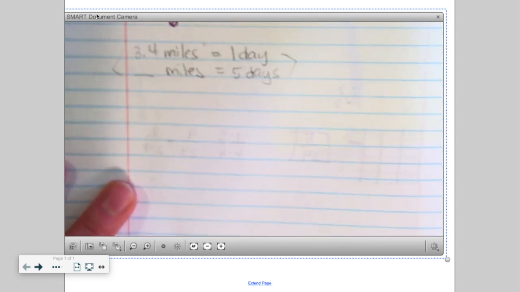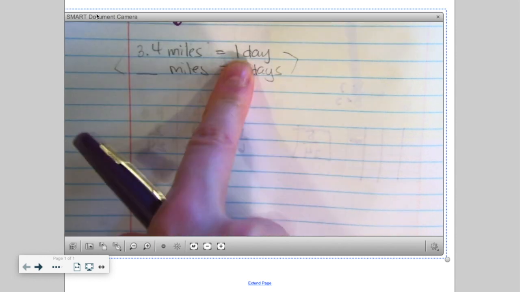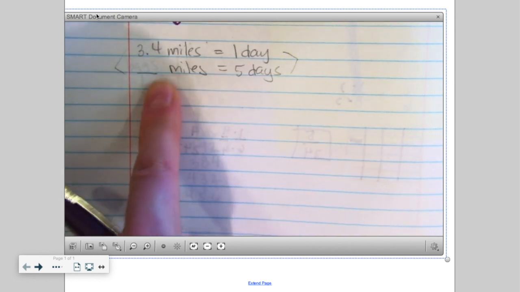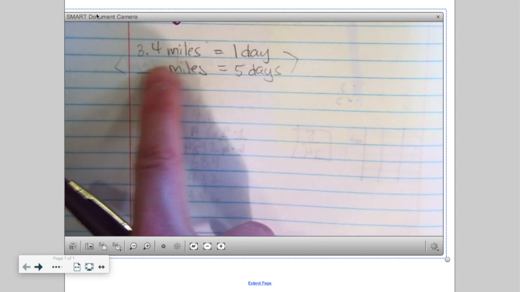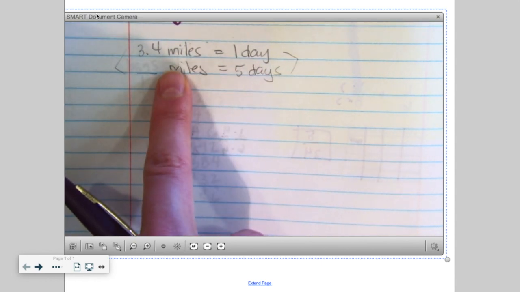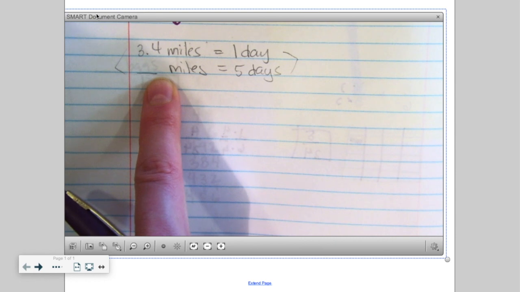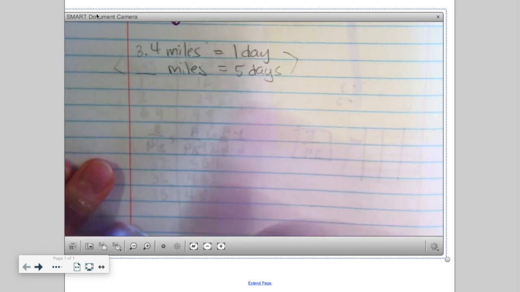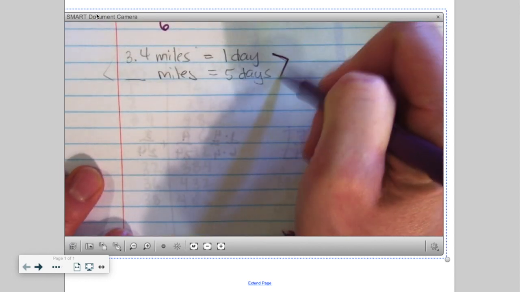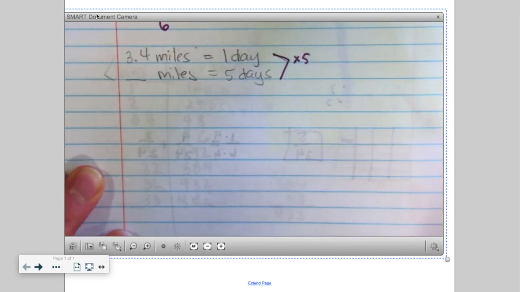There's someone that walks 3.4 miles every day. How many miles would they walk in 5 days? So in 1 day, they're walking 3.4 miles. My unknown is how many miles, and my known is 5 days. So if I'm going from 1 day to 5 days, I'm multiplying by 5.